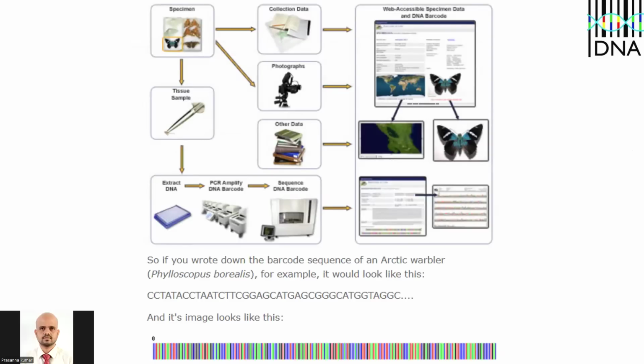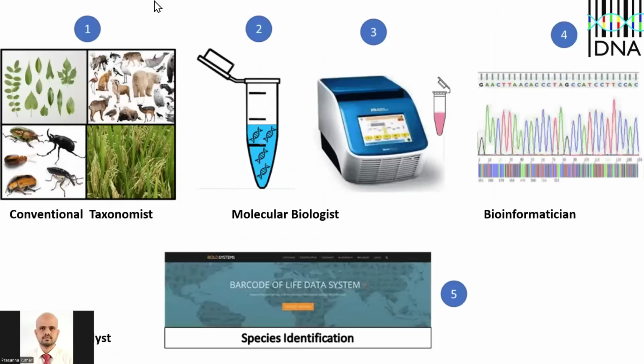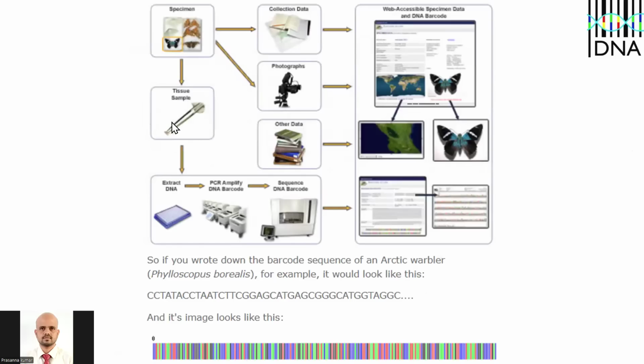It's very simply put, but there are very complex systems in performing barcoding. To start with, I need a conventional taxonomist's help. If I want to produce a database of DNA barcodes, say I'm working with Lepidoptera butterflies, I need a conventional taxonomist to help me identify the butterfly and document its key characteristics with multiple photographs.